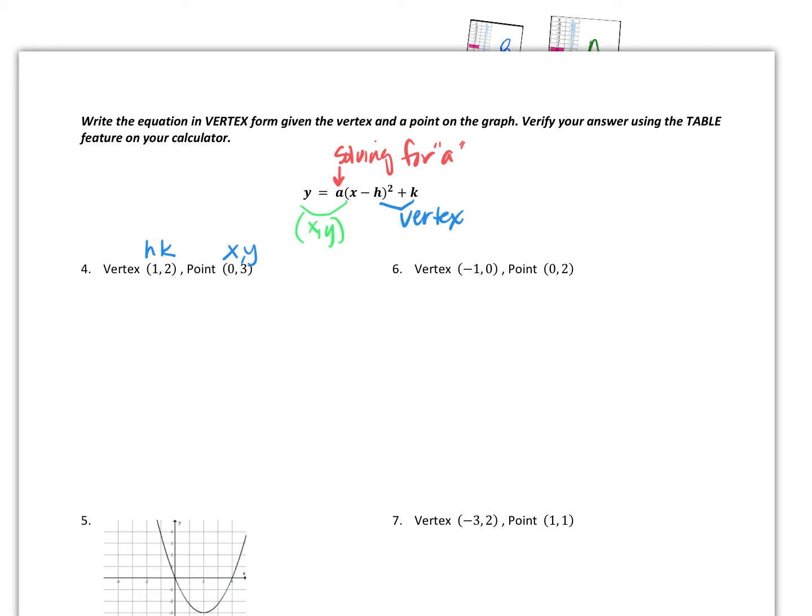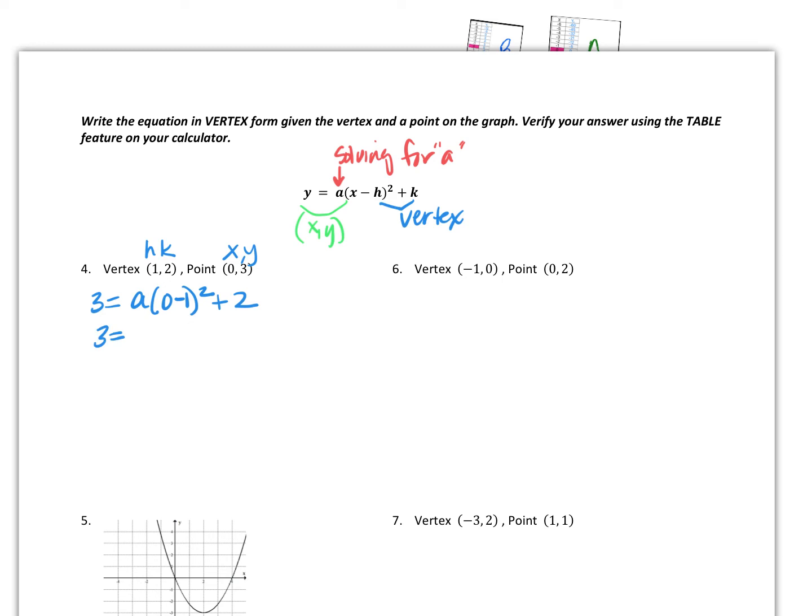So y, which is 3, equals a, my unknown, so leave it as a, times x minus h squared plus k. x is 0, so 0 minus 1 squared, plus 2. All right, now let's clean this up.